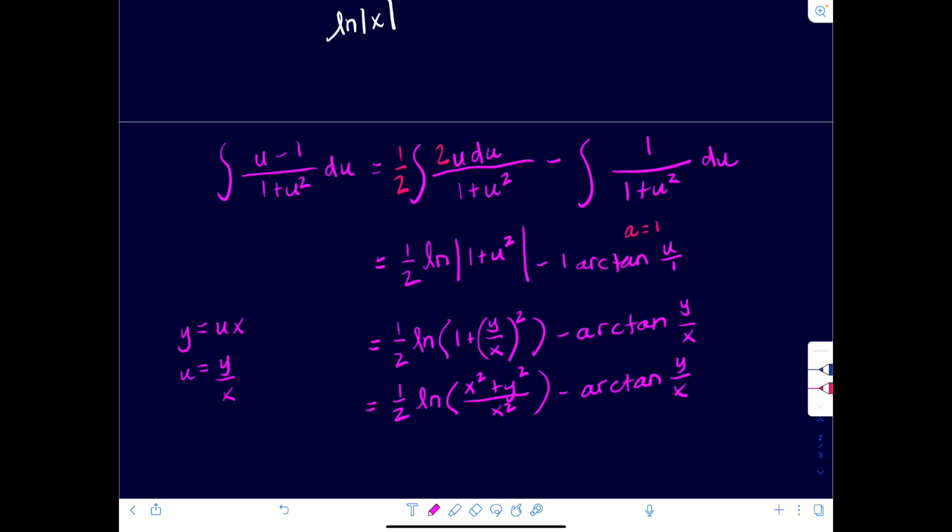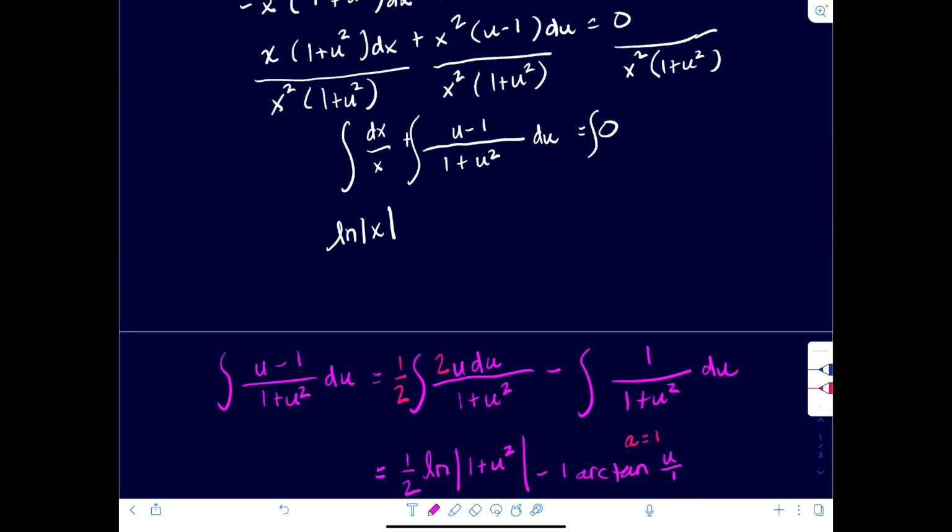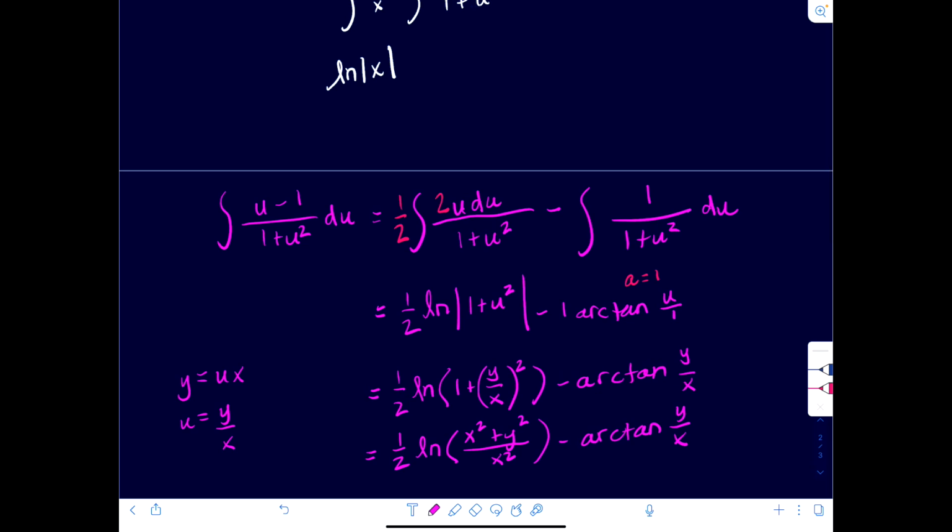So coming back and plugging in what we just found, we will have plus 1/2 natural log of (x squared plus y squared) over x squared minus arctangent of y over x plus c equals 0.